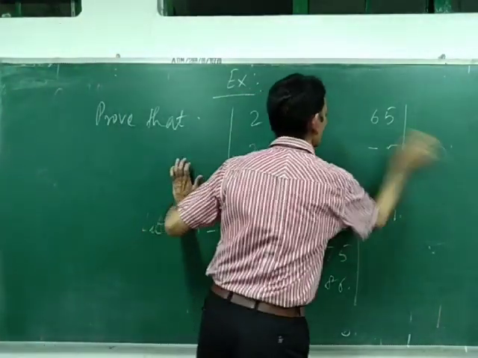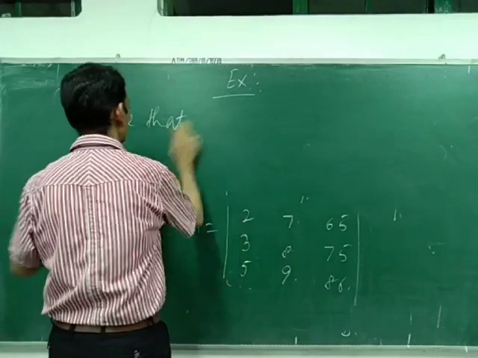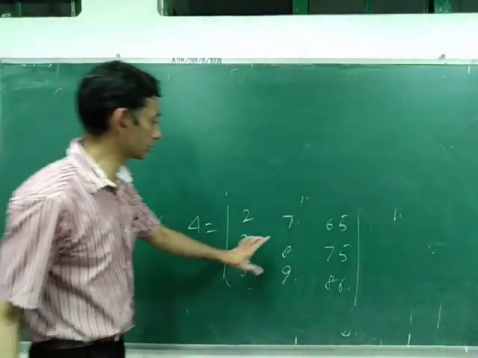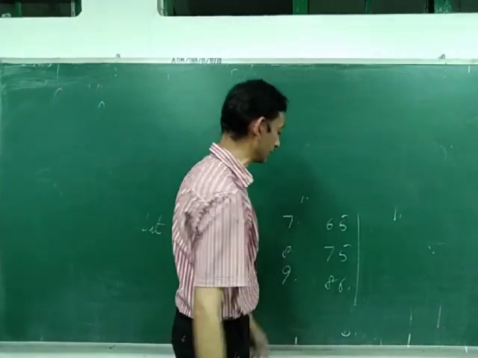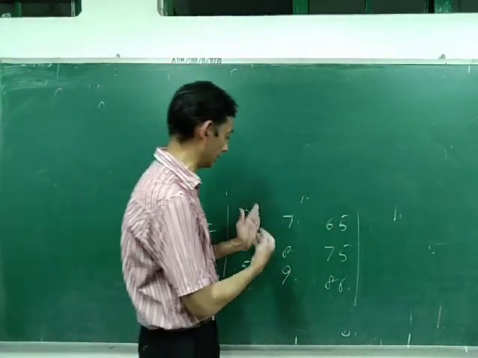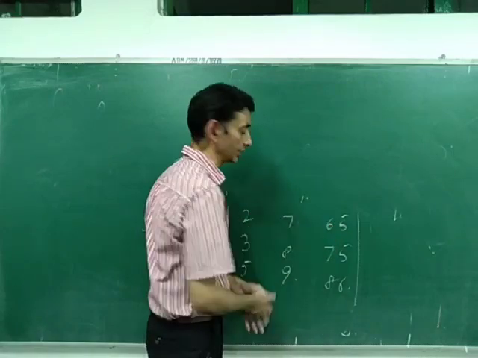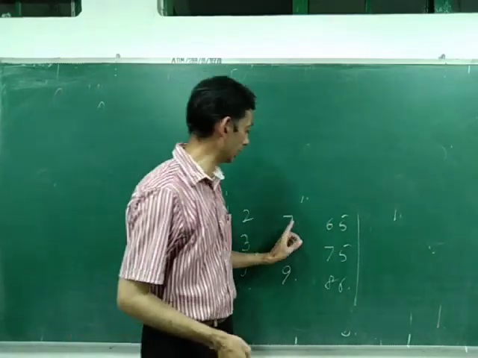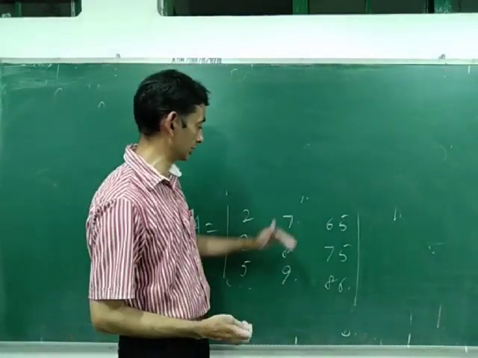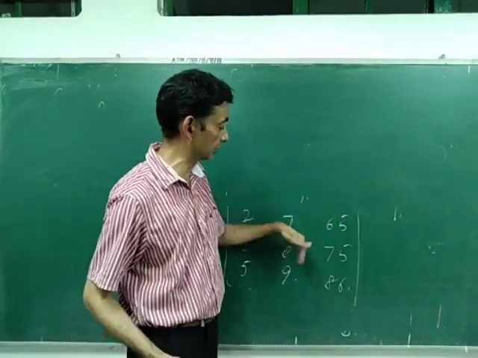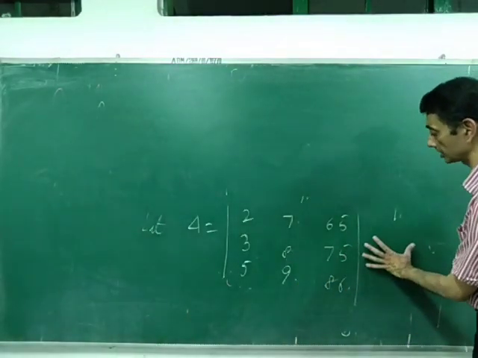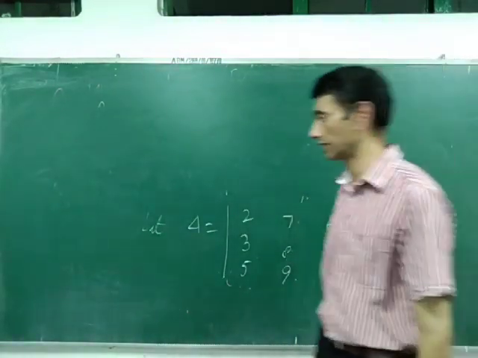Our concern should be on the numbers 65, 75, 86. Is there any direct relation between 7 and 65? We try to see if these two columns are proportional. Had they been proportional, we could have written this directly as 0, but they are not directly proportional.